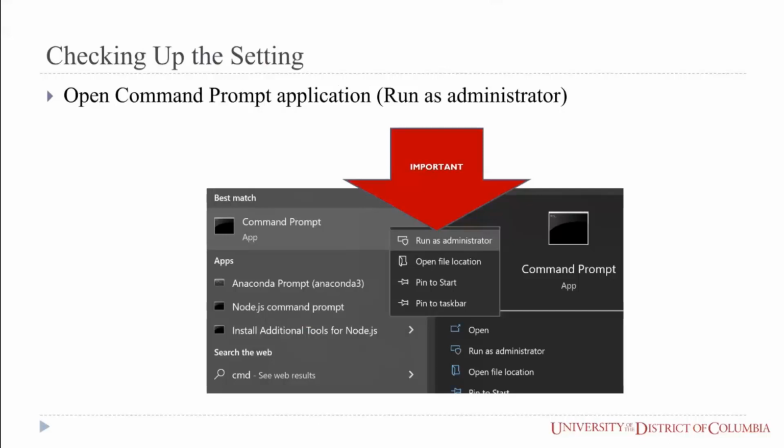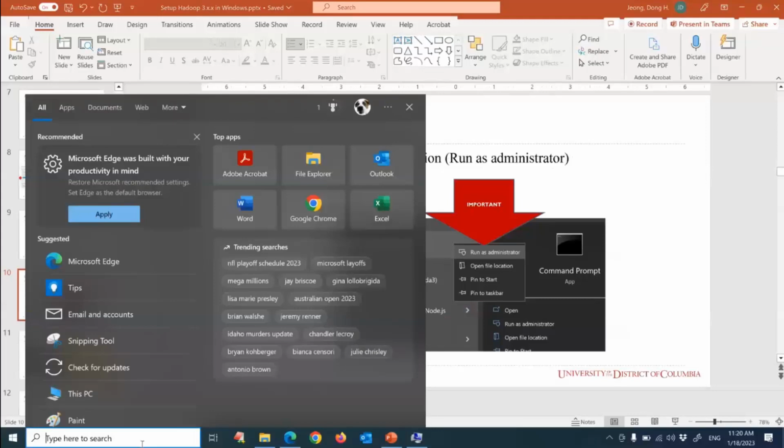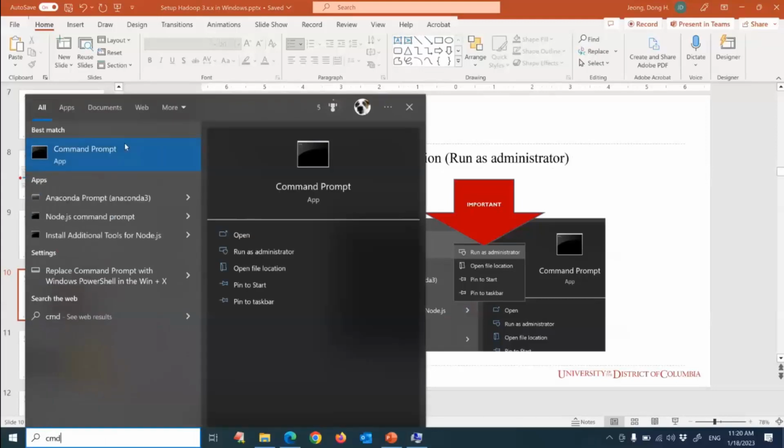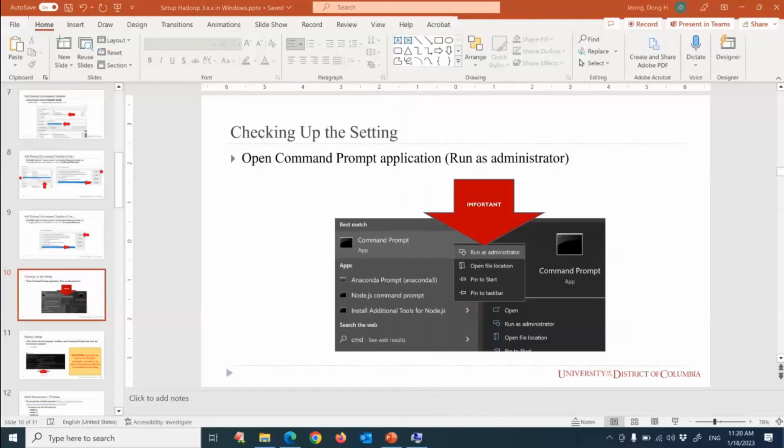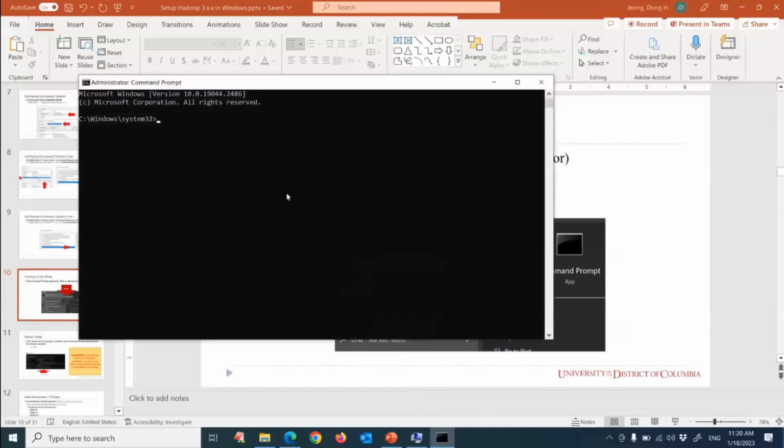For testing purposes, this is important. You need to open the command prompt as a system administrator. Okay. So in the search box, type CMD, right-click the mouse button, and run as administrator. And then change the path to big data analytics. Oops, sorry.